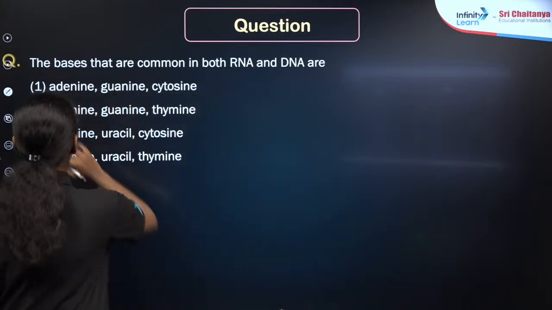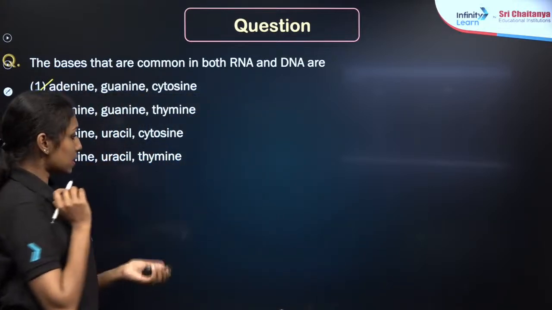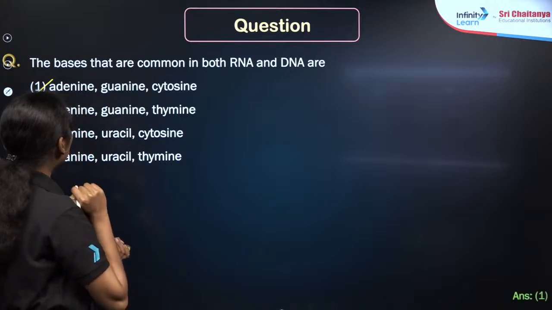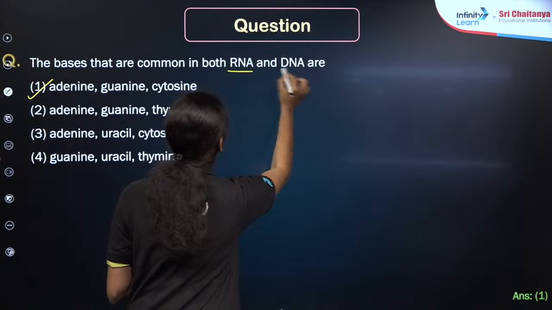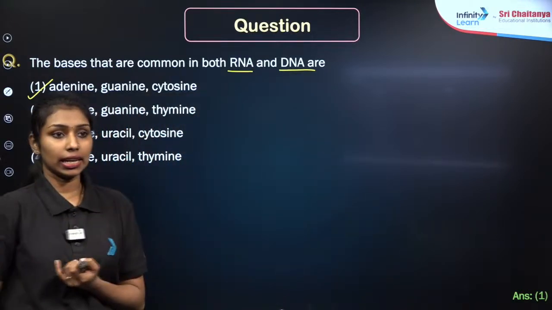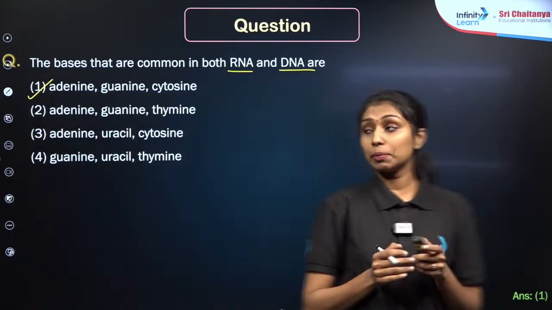Adenine, guanine and cytosine, right? Which means option 1 will be the correct answer. These are the nitrogenous bases common in RNA and DNA. Clear? Option 1 will be the correct answer here.